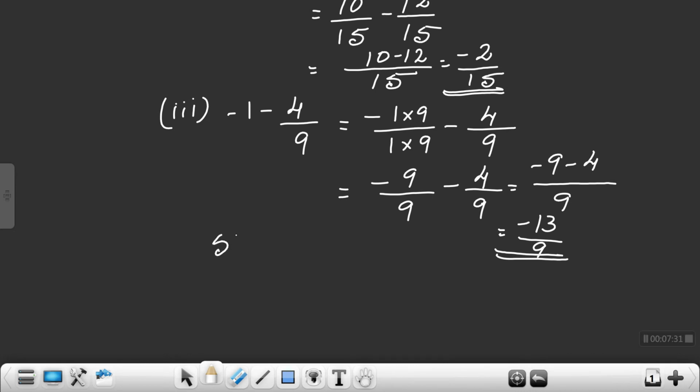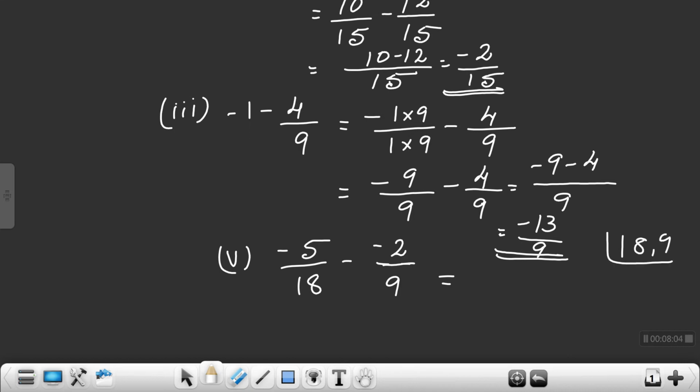Question number 5. Negative 5 by 18 minus negative 2 by 9. We have to find the LCM of 18 and 9. By 2, 9, 9 by 3, 3, 3, 1, 1.